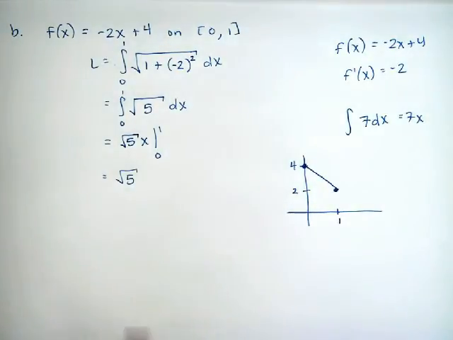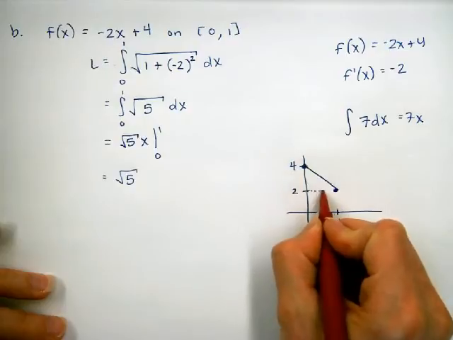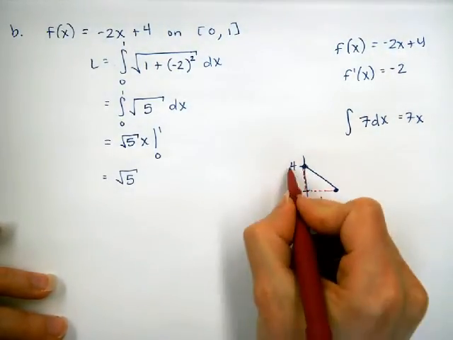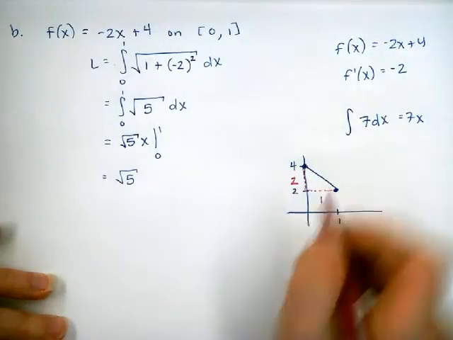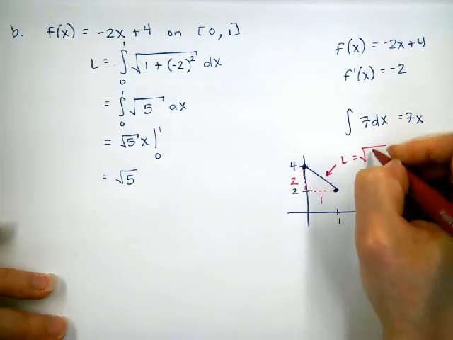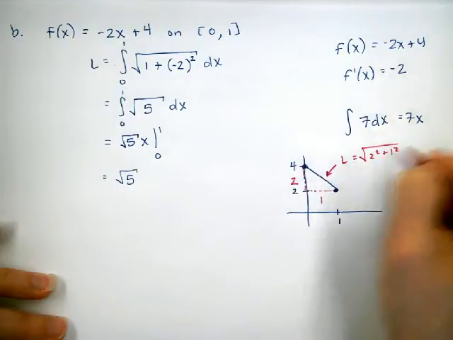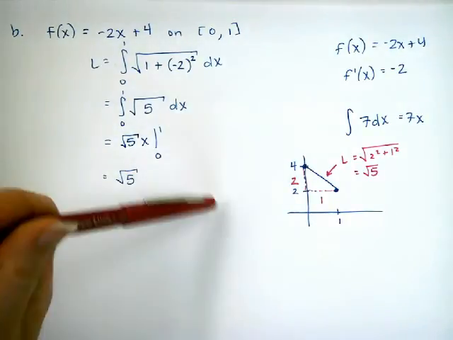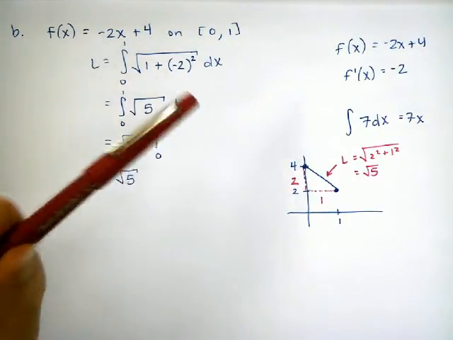Okay, so notice if we use the Pythagorean theorem, I have the base is 1, the height is 4 minus 2 is 2. So this arc length then would be the square root of 2 squared plus 1 squared, which is the square root of 5. Obviously, this was easier, but it's always nice when you can use the integration formula and you get the same thing.